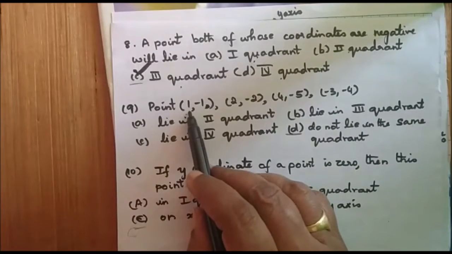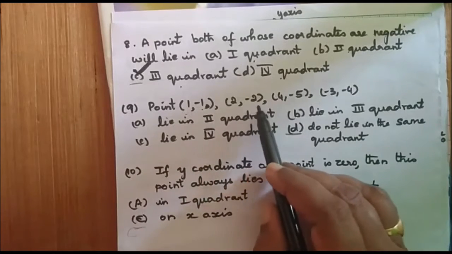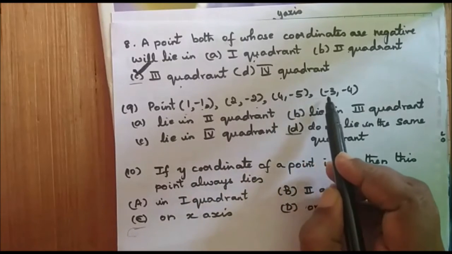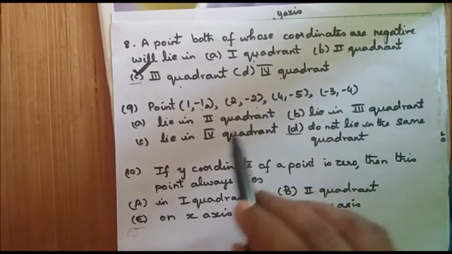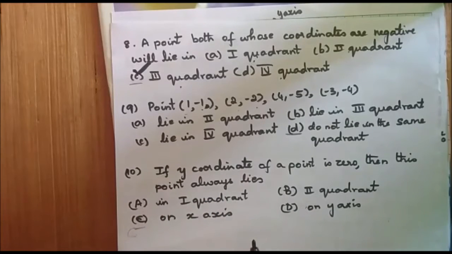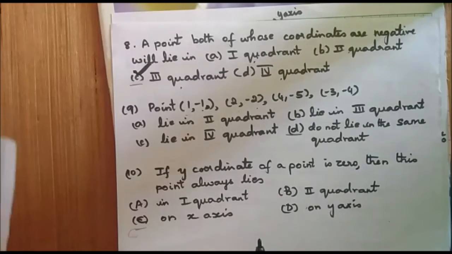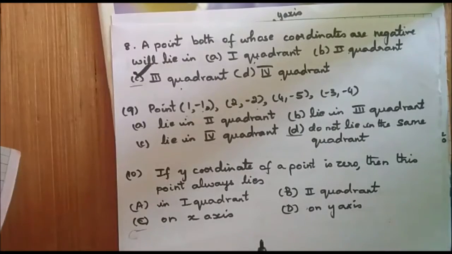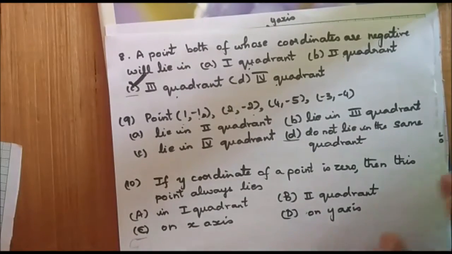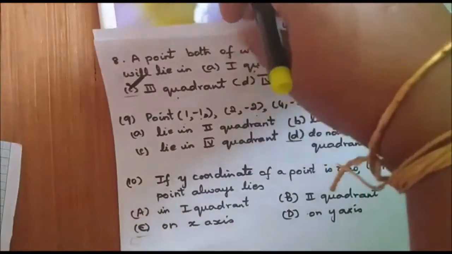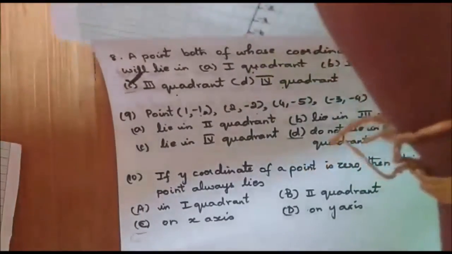The points 1 comma minus 1, 2 comma minus 2, 4 comma minus 5, minus 3 comma minus 4 lie in the second quadrant, lie in the third quadrant, lie in the fourth quadrant, or do not lie in the same quadrant.